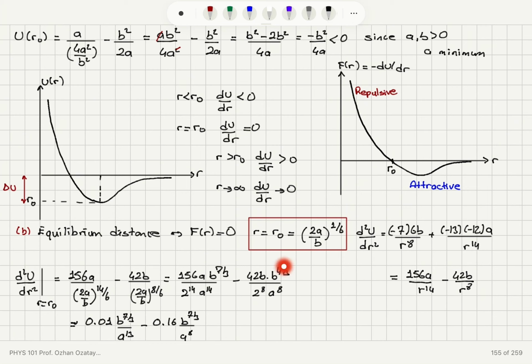Why 7 over 3? Because it's 4 over 3 plus 1. So you can see that this number here is smaller than this number. We have a to 13, so this is a lot smaller than this one. So therefore the second derivative is negative, and second derivative being negative, we find that we have a stable equilibrium.